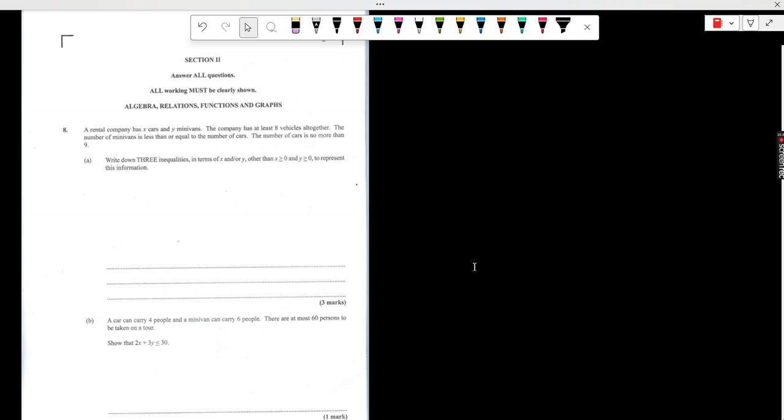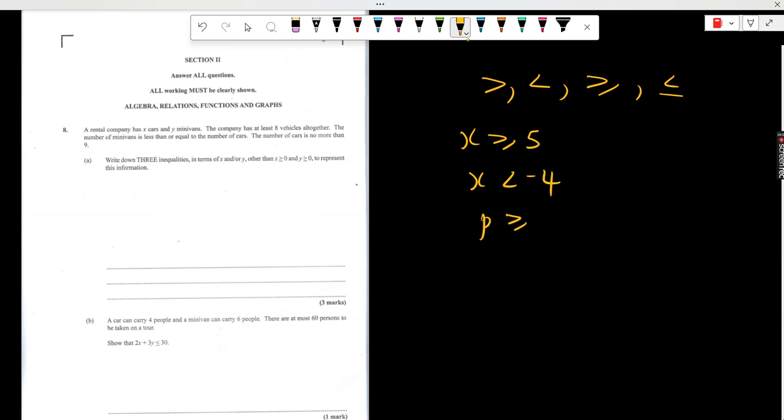So let's talk a little bit about inequalities. What is an inequality? An inequality basically is a statement that one quantity is greater than, less than, greater than or equal to, or less than or equal to another. So if you write x is greater than or equal to 5, that's an inequality. x is less than -4, that's an inequality. p is greater than or equal to -2, that's an inequality.